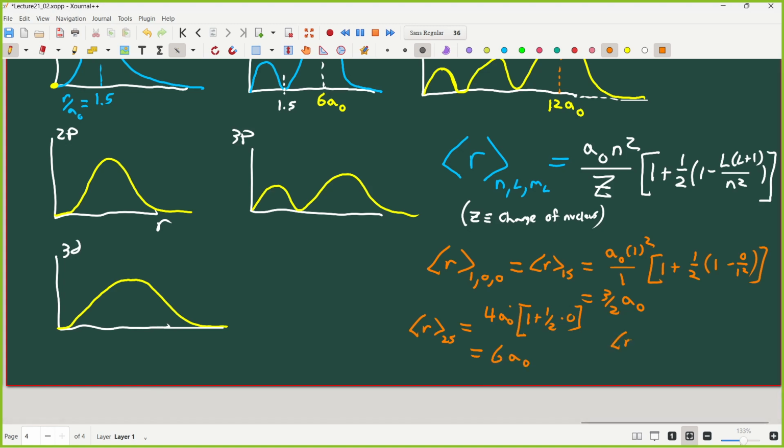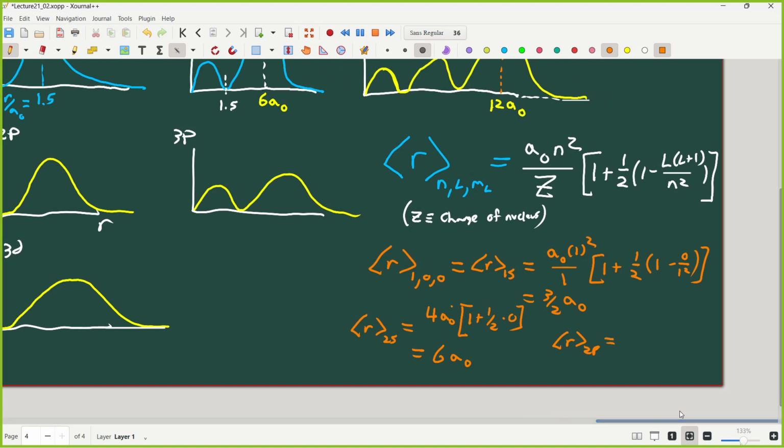And then let's look for r of 2p. Well, again, we still have that 4a naught on the outside. But now we have this 1 plus 1/2 times 1 minus, and now L is 1. So we have 1 times 2, that's 2 over n squared. n here is 2, so that's 2 over 4. I'm running out of space here.